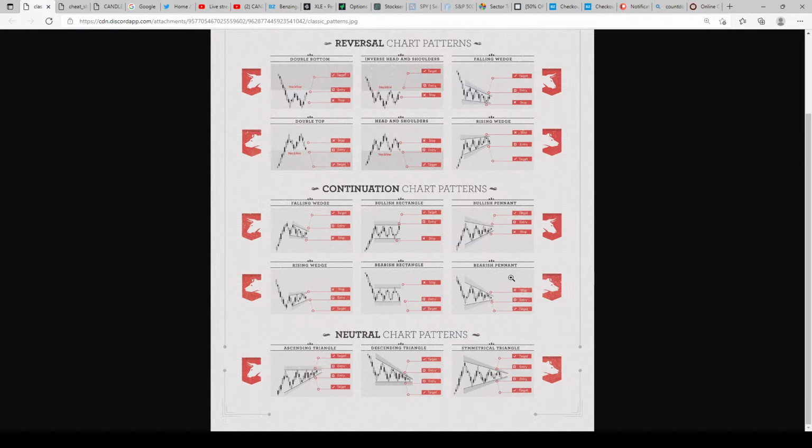Rectangles, pennants, which are pretty much symmetrical triangles, just a little bit of difference, and ascending and descending triangles. Now, guys, we can go over all day which of these are bullish and which are bearish. In the end, it really doesn't matter. Wait for that breakout.